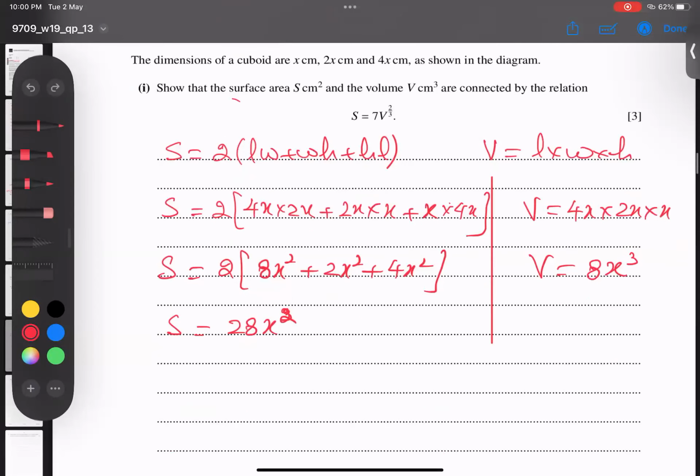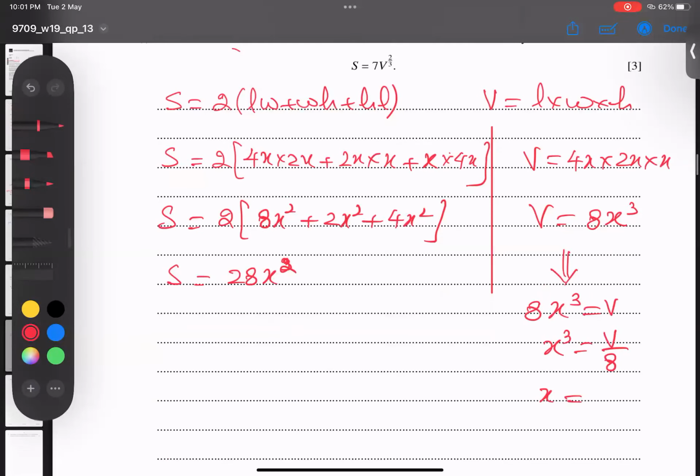So I bring 8 down, and I get from here what, students? 8x cube equals V, so x cube is V over 8, and then I take a cube root, it becomes this form, or power 1 by 3, no problem at all.